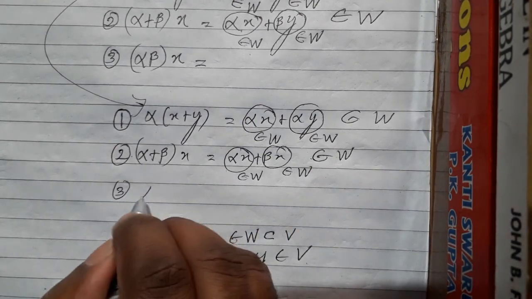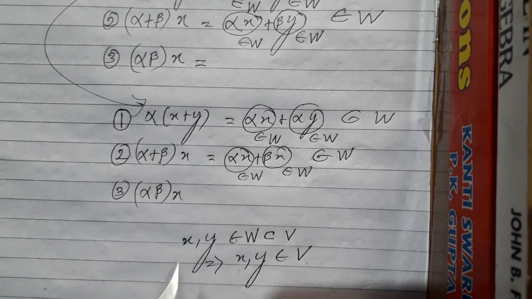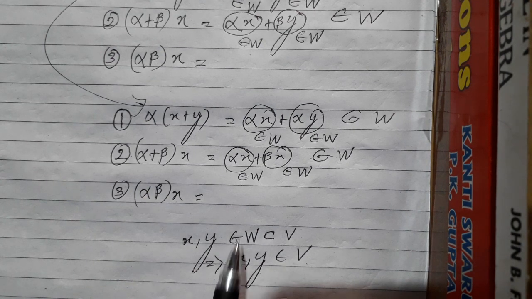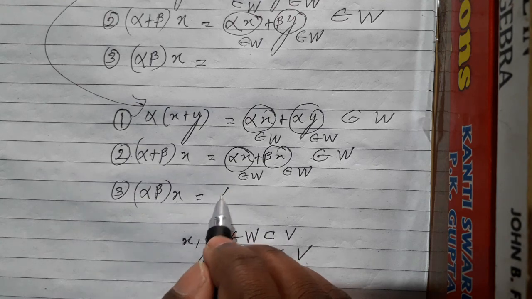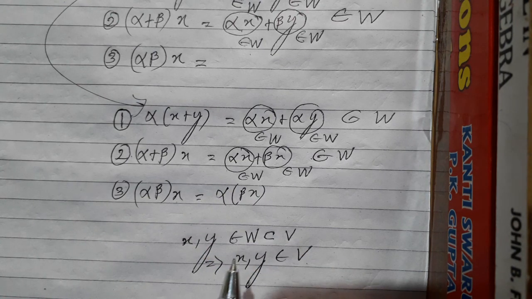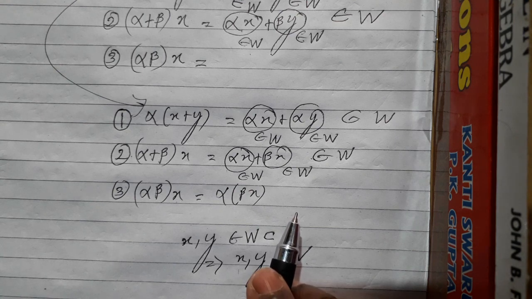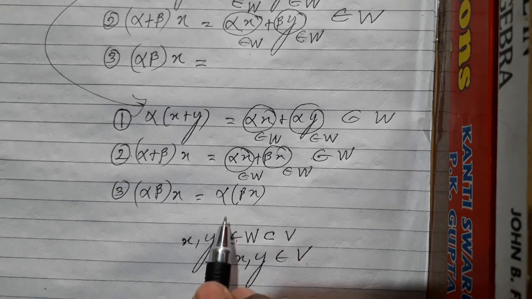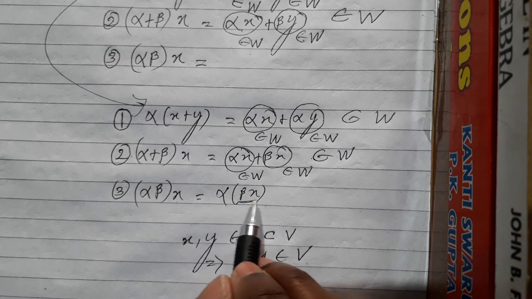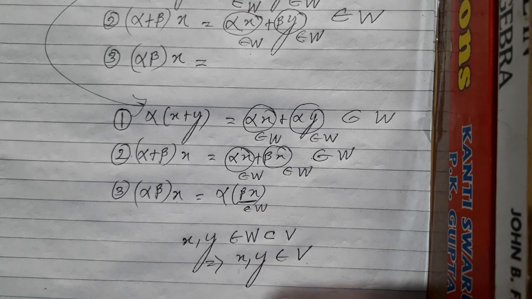Point number 3 was (alpha beta)x. Now x is in W, so x is also in V. Since V is a vector space over the field F, I can write this as alpha(beta x). Now beta x belongs to W, easily we can see by condition 2.